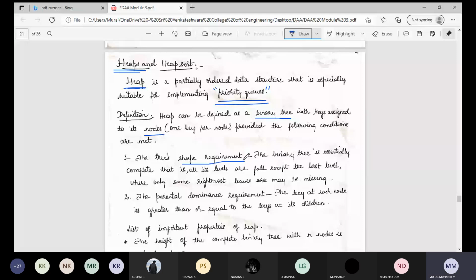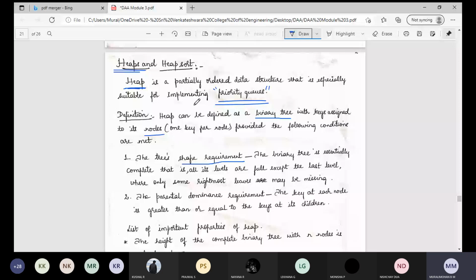Since it is a binary tree, it should be complete, that is, all its levels should be full except the last level, where only some rightmost leaves may be missing. You studied what a complete binary tree is, so when constructing this tree, it should be a complete binary tree.